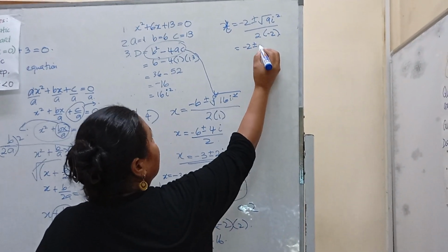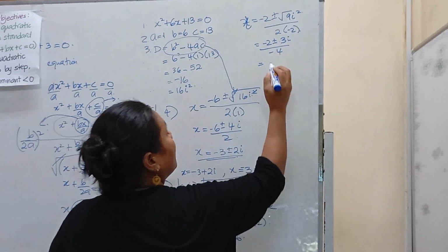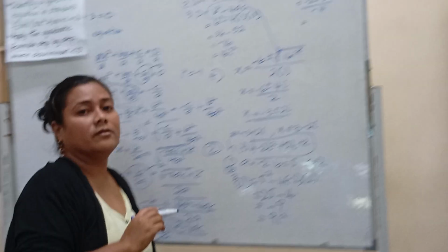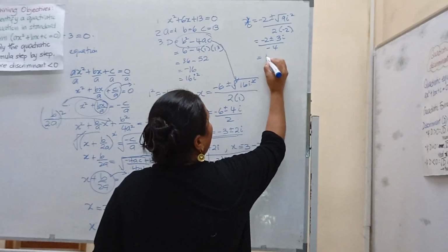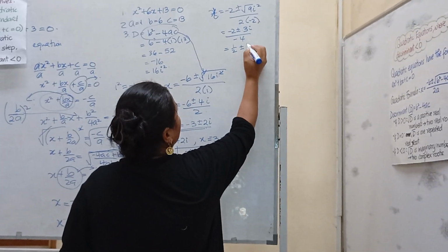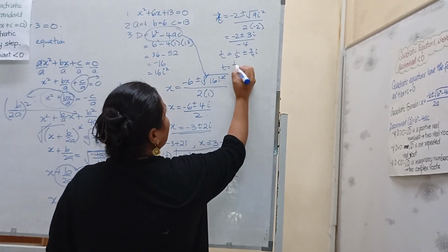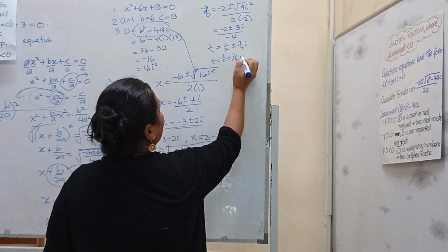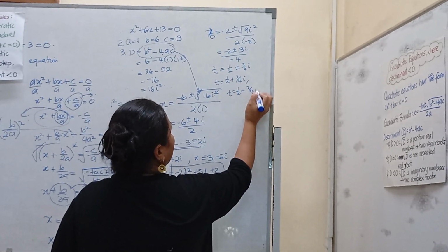Negative 2 plus minus 3i over negative 4. So it is positive one half plus and minus 3 over 4 i. So our time here is one half plus 3 over 4 i, and the other one is one half minus 3 over 4 i.